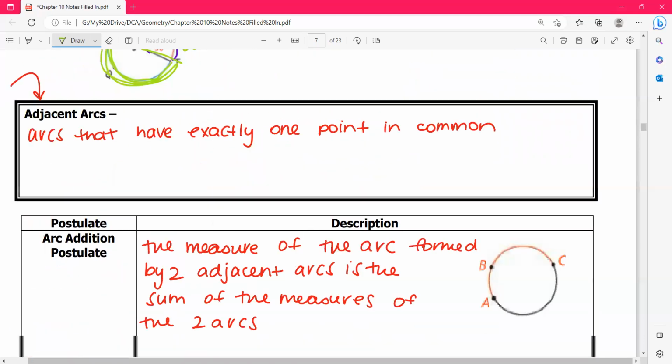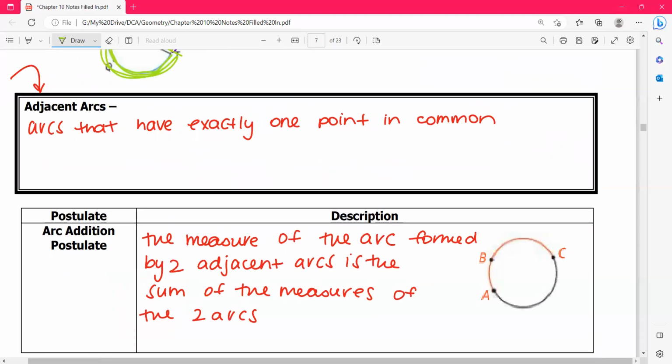Okie dokie. Adjacent arcs is the next vocab word we want to touch on. We are very familiar with this term adjacent. We know that means next to. So we are looking at arcs that are right next to each other. They have exactly one point in common. So we can look at an example. Here I can draw you an example.